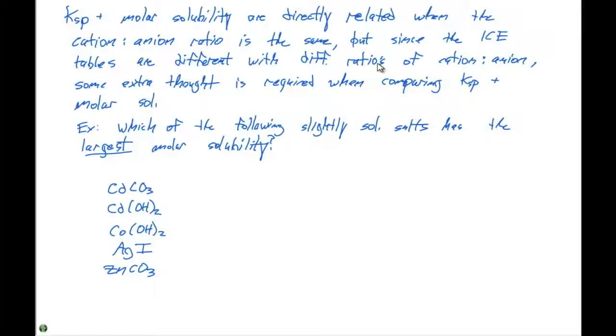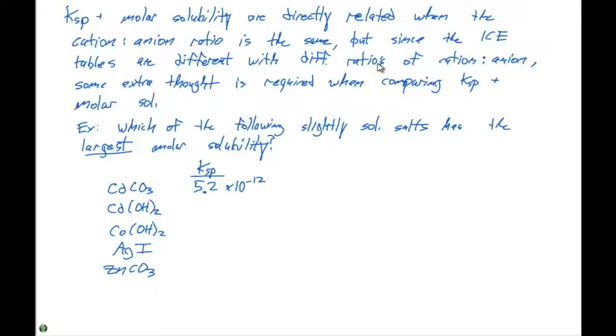If we have these 5 salts, this question's impossible unless we have the KSP values. There's one of 2 ways that you'll get KSPs. One, they'll be mentioned right in the problem, or 2, we'll give you a KSP table attached to the end of your exam. So for the KSP values, for cadmium carbonate, the KSP is 5.2 times 10 to the minus 12.